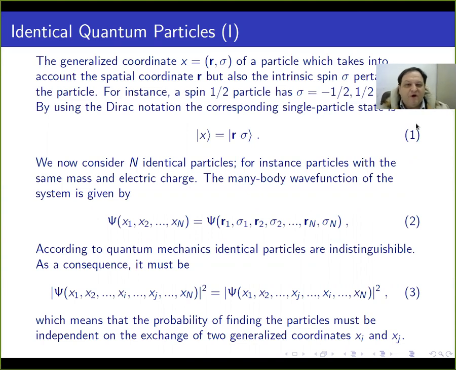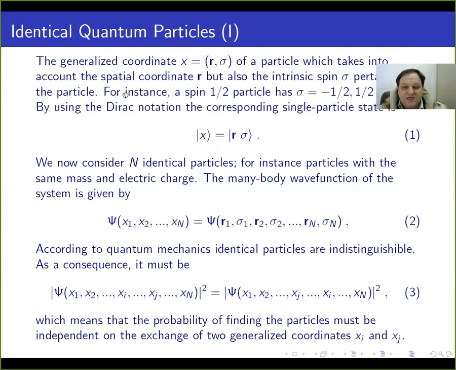We can start from the generalized coordinate x of a particle, which takes into account both the spatial coordinates denoted by the position vector r, but also the intrinsic spin sigma pertaining to the particle.